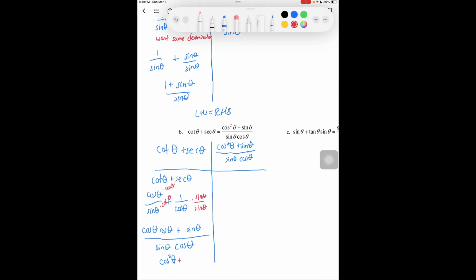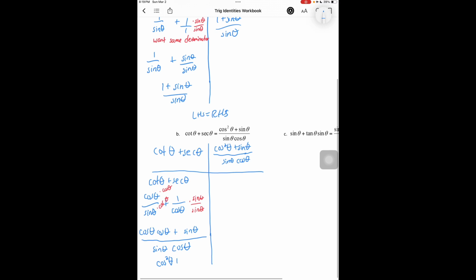So here, cos squared theta plus sine theta is all over sine theta cos theta. And then now, left hand side is equal to the right hand side. And then you have to write that little sentence at the bottom.